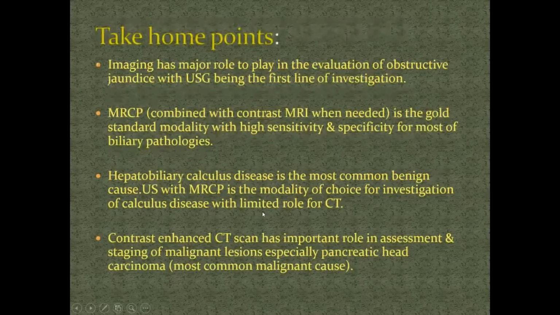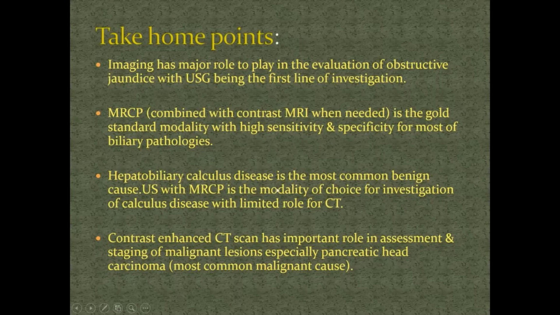Now finally, the take-home points: imaging has a major role to play in the evaluation of obstructive jaundice, with ultrasound being the first line of investigation. MRCP combined with contrast MR when needed is the gold standard modality with very high sensitivity and specificity for most of the biliary pathologies.